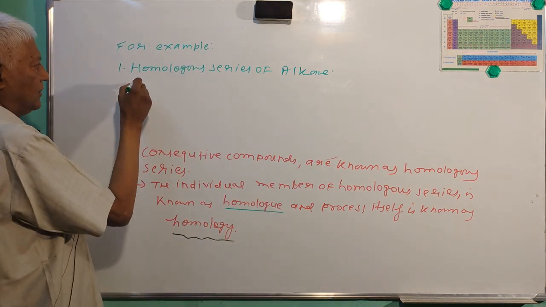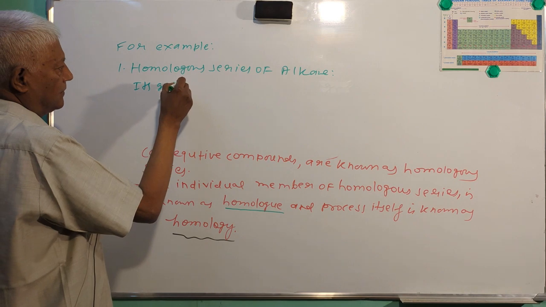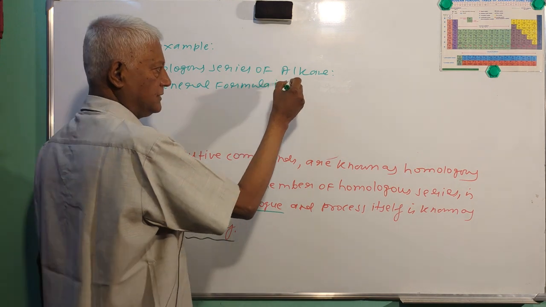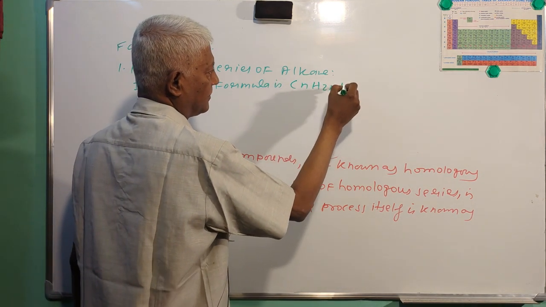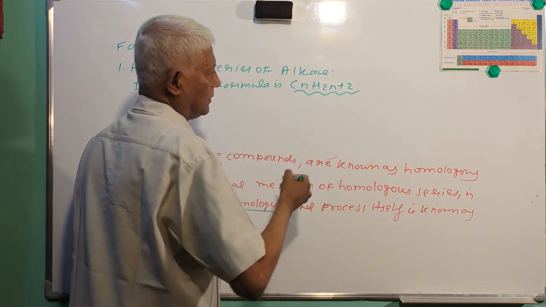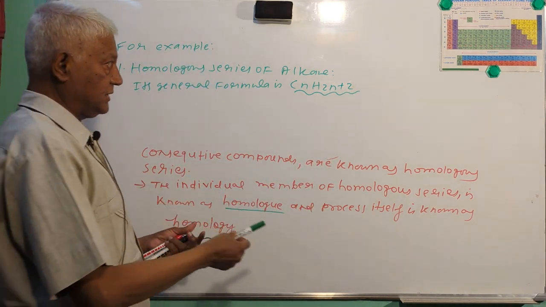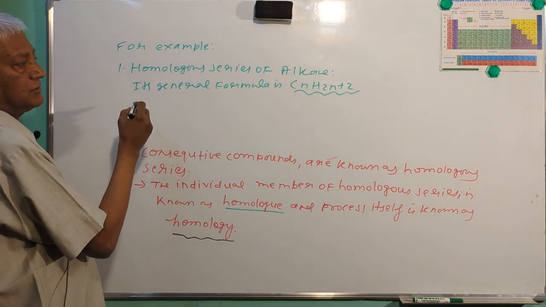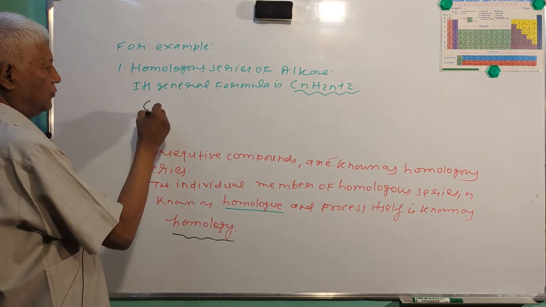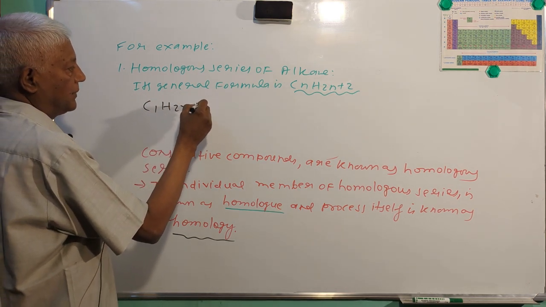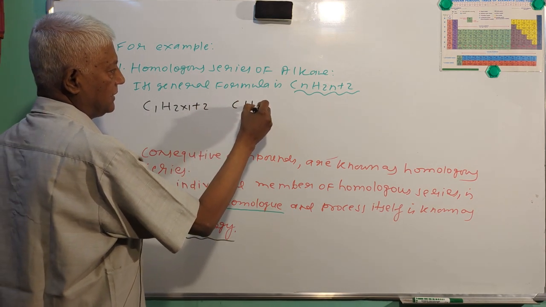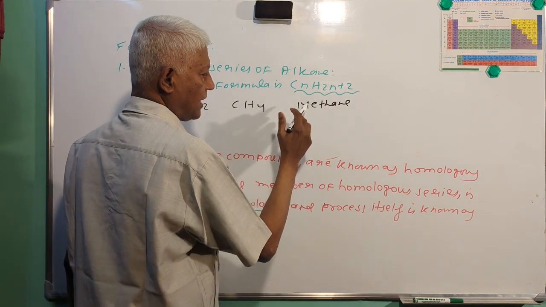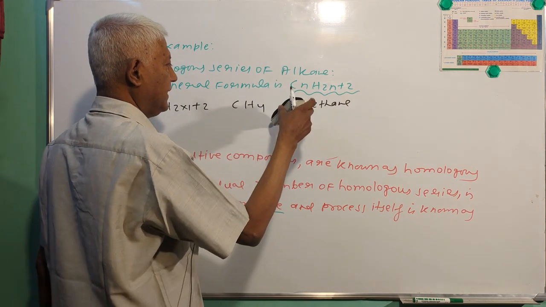You know its general formula is CnH2n+2. Suppose n is 1, so 2 into 1 plus 2 gives CH4, which is known as methane. How many carbon over here? 1 carbon, so we say methane.